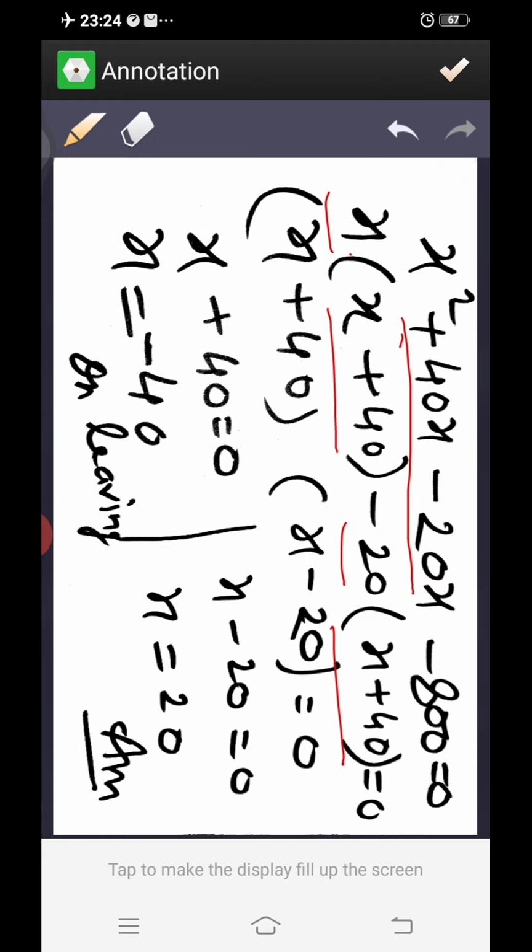Now we can write it as x plus 40 and x minus 20. Then x plus 40 equal to 0 gives x equal to minus 40. This x is the number of children, which cannot be negative, so we will leave this value. Then x minus 20 equal to 0, x equal to 20 will be our correct answer.